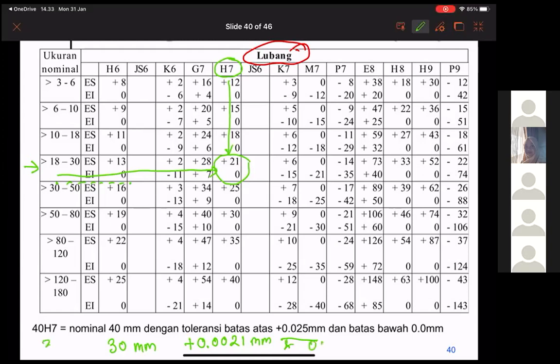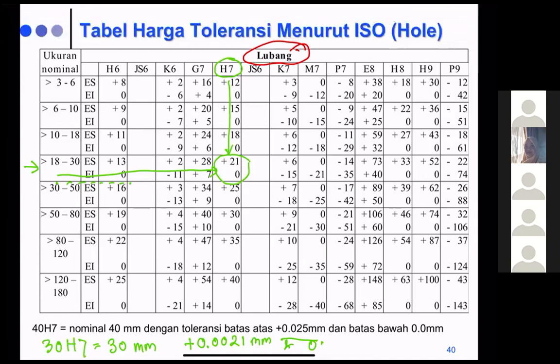So 30H7 means it has the nominal of 30 millimeter, with the maximum tolerance of the upper deviation being 0.021 millimeter, and then the lower one is 0.